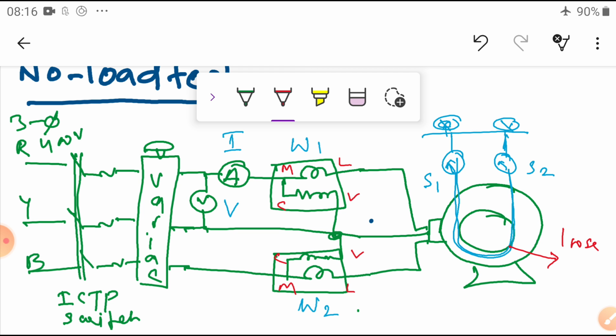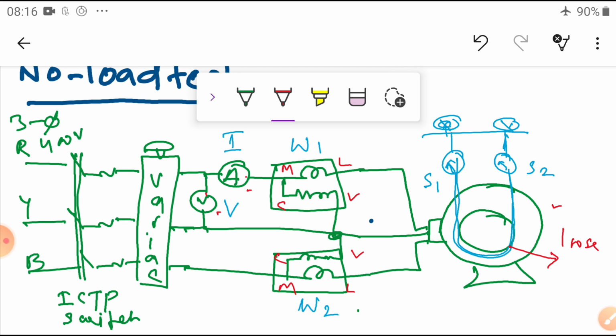And here all meters are AC meters, MI meters: voltmeter MI, ammeter MI. So these voltmeter and ammeter values are based on the motor ratings. For example, we can take the motor nameplate details.